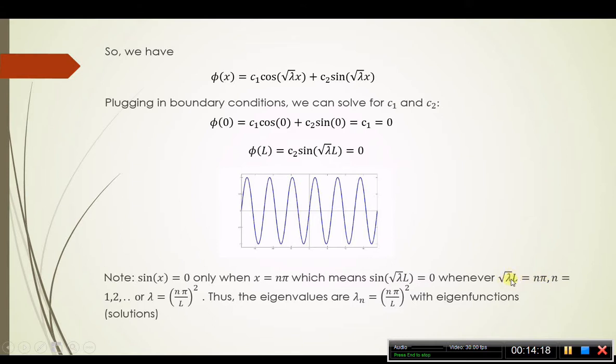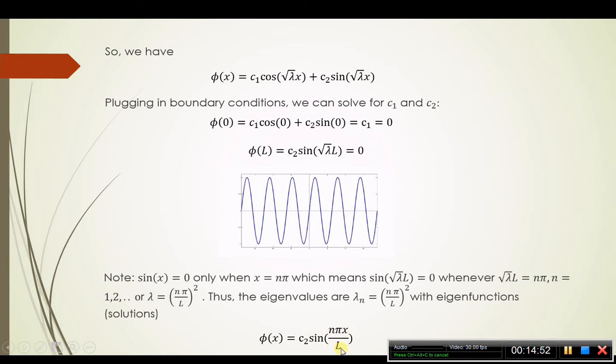Here, remember, lambda is positive, so n has to be strictly positive, 1, 2, and so on. So this sine is equal to 0 whenever square root of lambda L is equal to n pi, or lambda has this form. So we have eigenvalues lambda n with this, and with those we have eigenfunctions where C2 can be anything, and sine of n pi x over L is our eigenfunction.